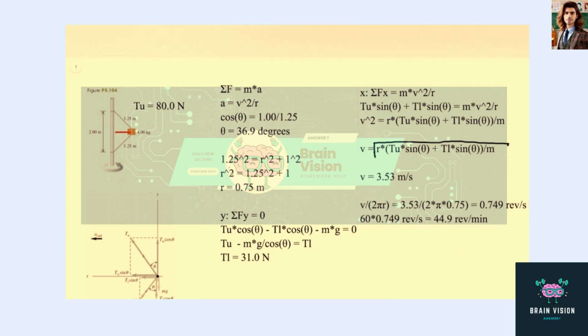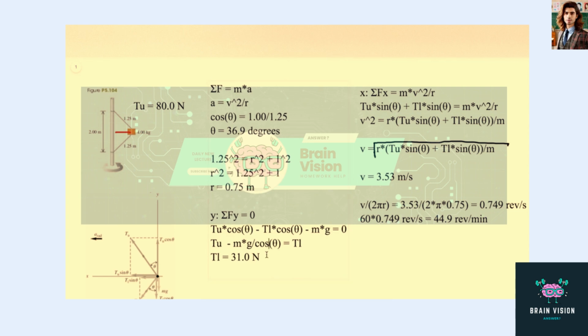Now, part C asks us to find the number of revolutions per minute at which the lower chord just goes slack. So if the lower chord is slack, then TL is equal to 0. So if TL equals 0, then think about our sum of the forces in the y direction, the equation down here that we looked at originally.